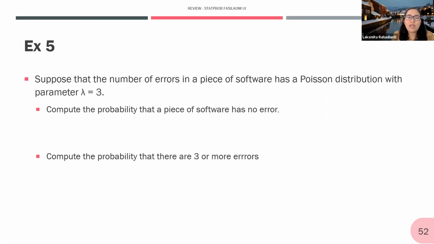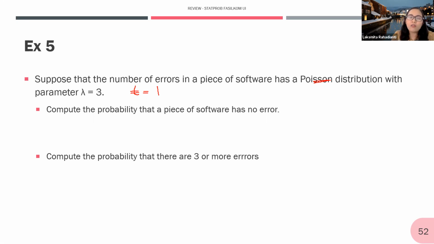There's no point in me asking you what type of random variable it is. It's written right here. So we know that lambda is 3, and it says the number of errors in one piece of software, one program. So here we already know that t is 1.